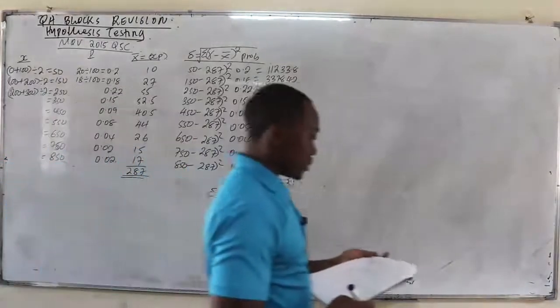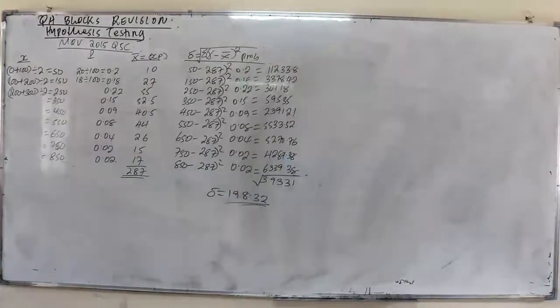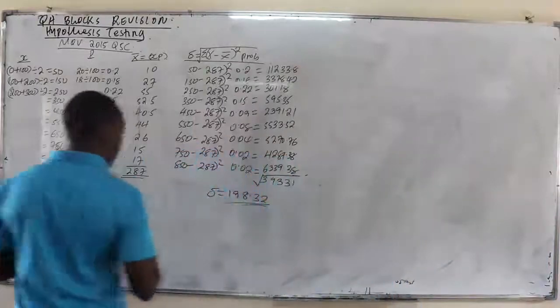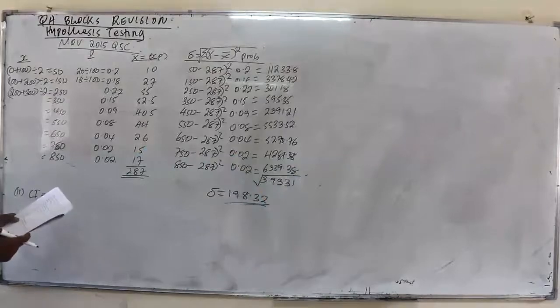Number two: a 95% confidence level of the mean value outstanding of the sales invoices. So number two is all about the confidence interval.